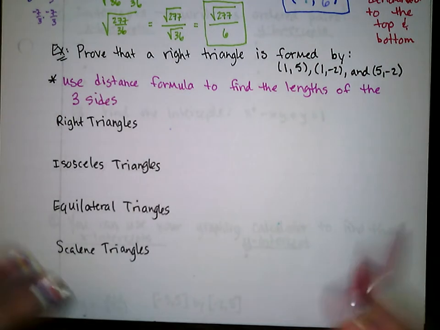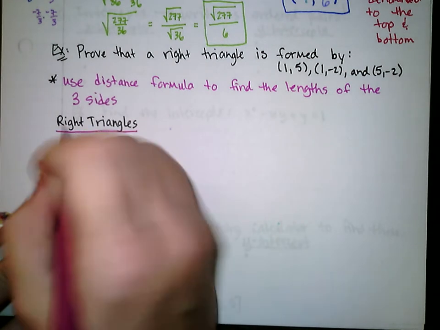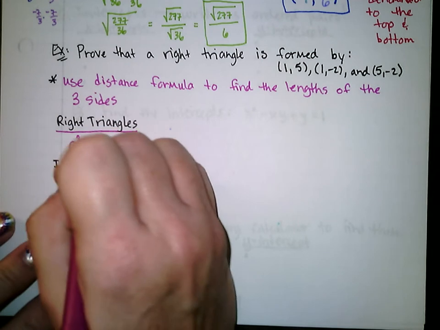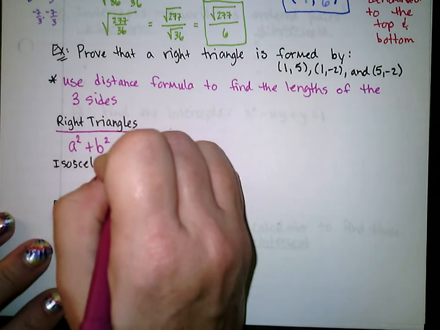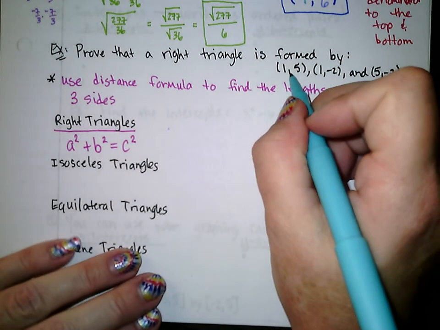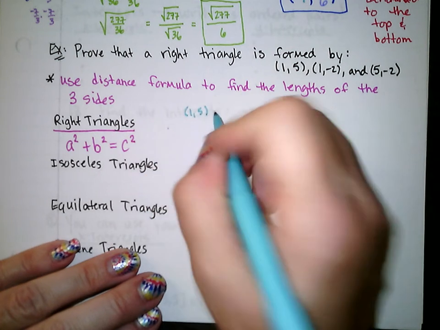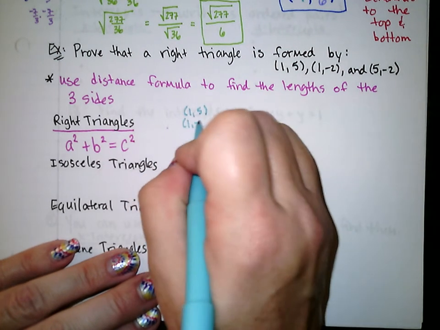Then we know that right triangles follow the Pythagorean theorem, a squared plus b squared equals c squared. So once we have the 3 sides, we're going to check to see if the Pythagorean theorem works for those 3 sides. So for our first side, we'll do (1, 5) and (1, -2).